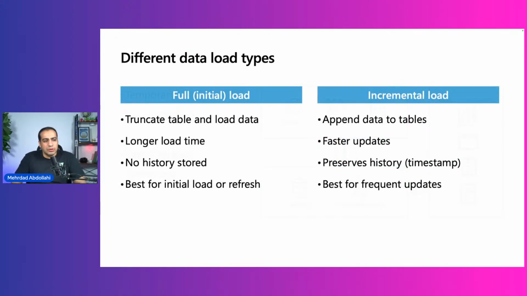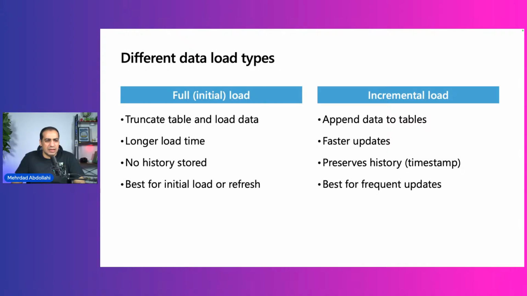So in order to load the data into the warehouse, we basically have 2 load types: full load and incremental load. When we talk about incremental load and full load, we should think of where and how we are going to use it, and where it really makes sense to do the full load or go for incremental load.